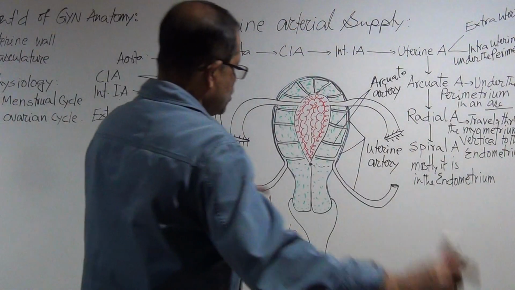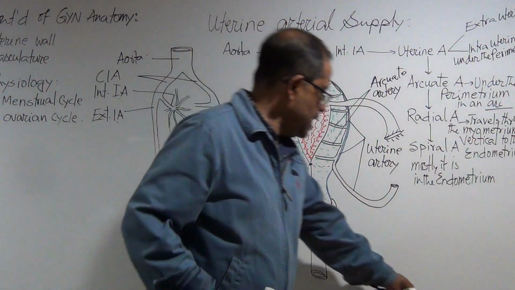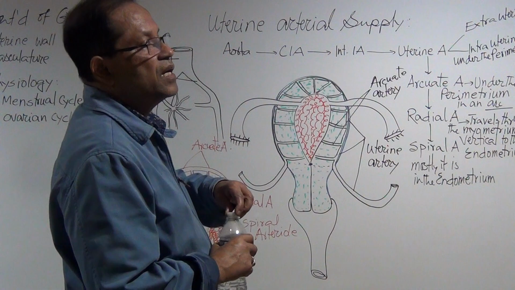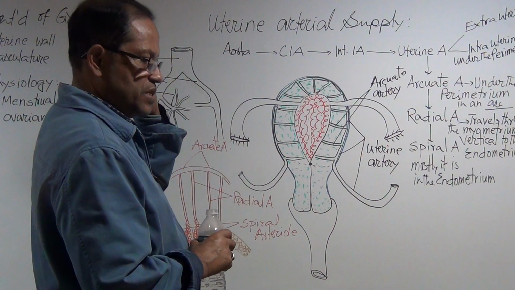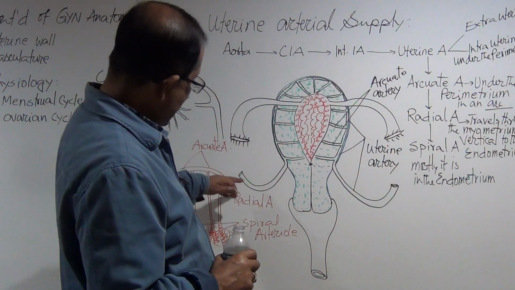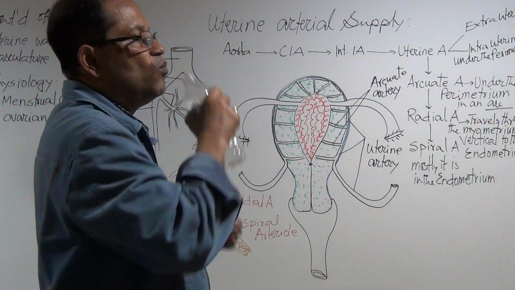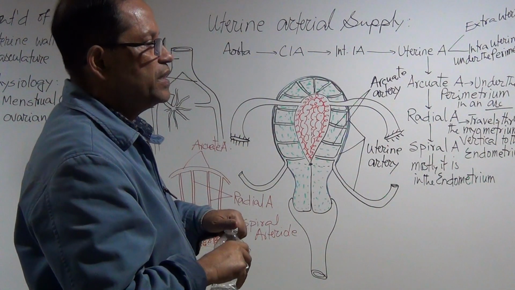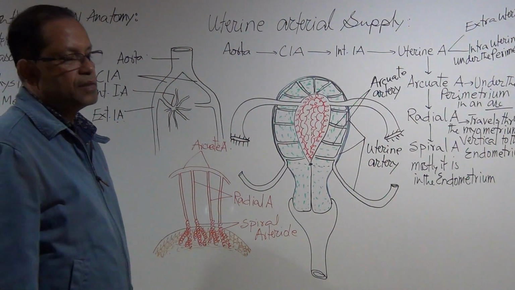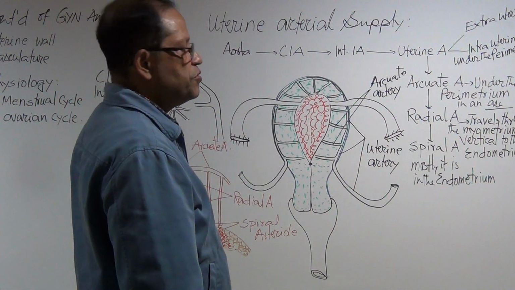Okay, one more thing. Do you think that if one uterine artery is inefficient to supply the blood on one side, what's going to happen to the other uterine artery? There will still be blood from the internal iliac artery to supply the blood to the uterus.